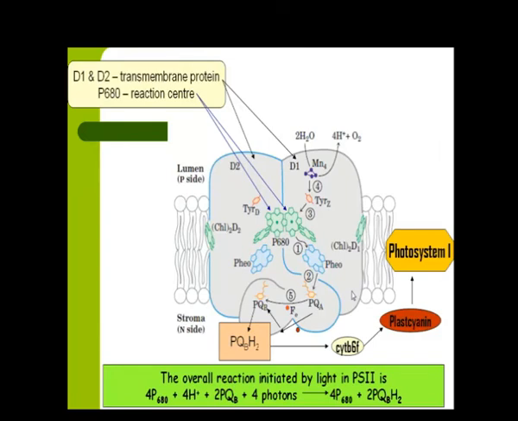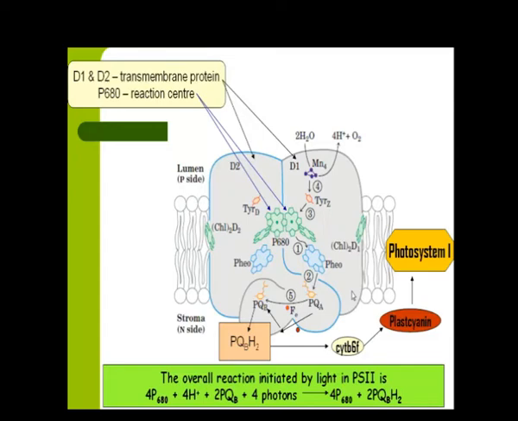Okay, this is the membrane complex in which your reaction center, light harvesting complex, everything is present. The first point is P680, the starting point. P680 gives the electrons to pheophytin.